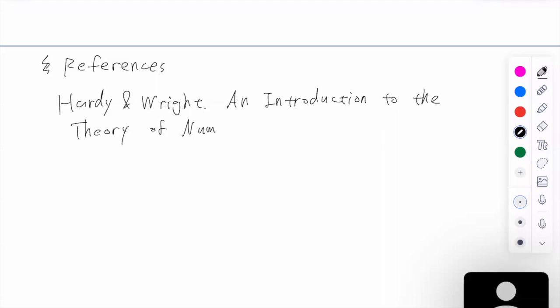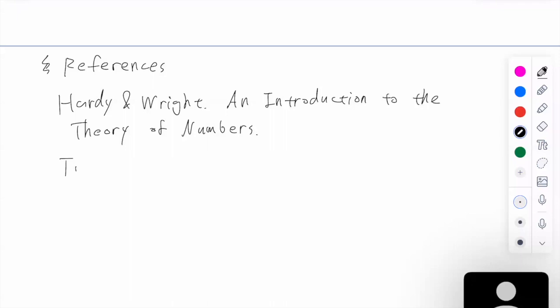Since this is an old textbook and the name is quite common to any textbook about number theory, you will likely stumble upon An Introduction to the Theory of Numbers by other authors. But I need to emphasize I am reading the book by Hardy and Wright, two important mathematicians in the early 20th century. It is a very nice book.